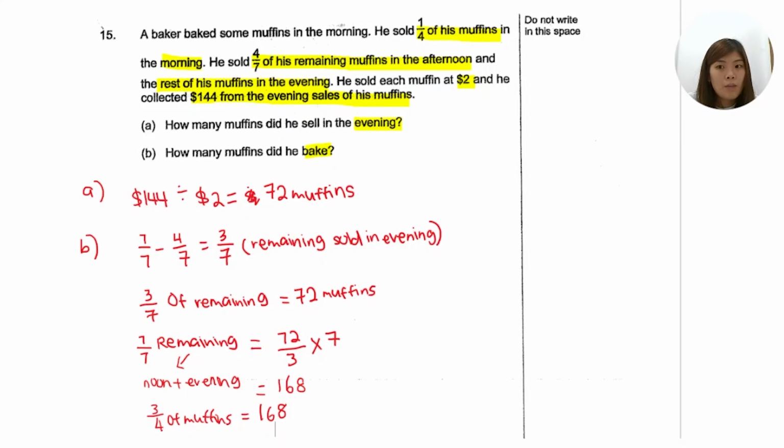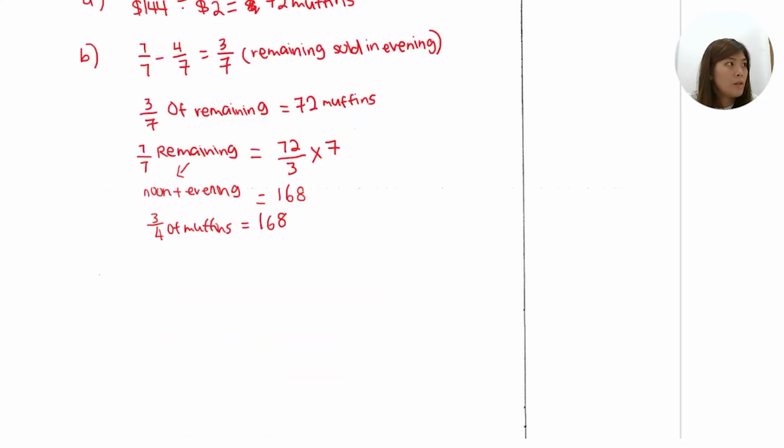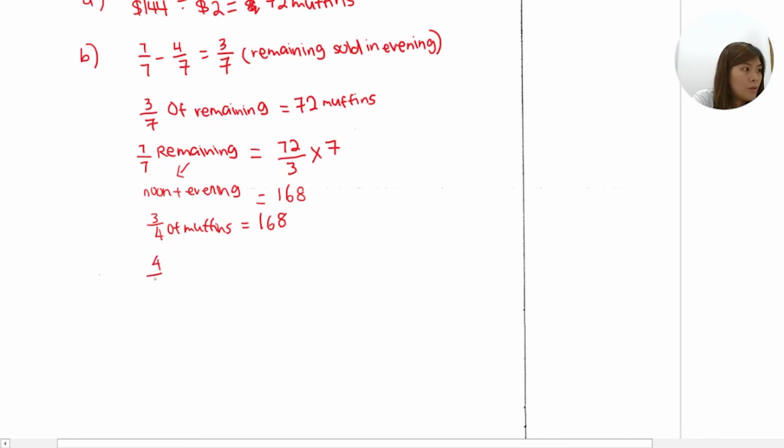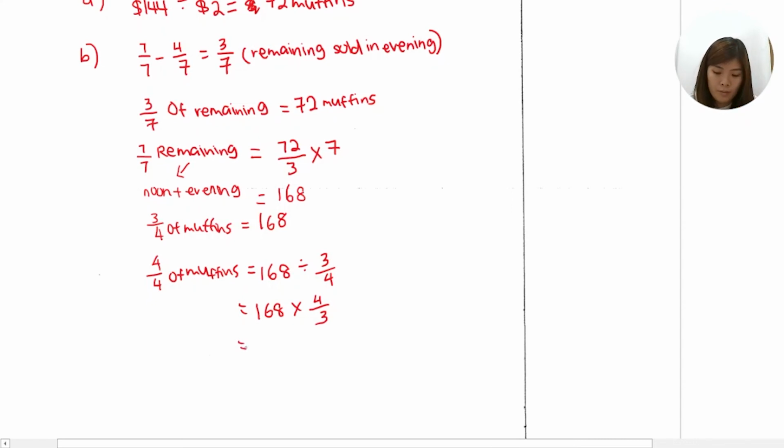Then how many muffins did he bake? So from here, 4/4 of muffins would be 168 divided by 3/4. 168 times 4/3. 224 muffins in total.